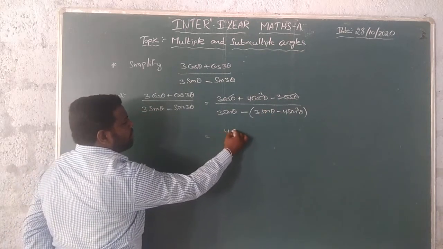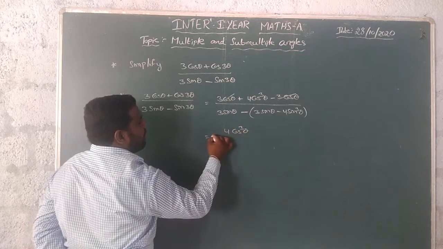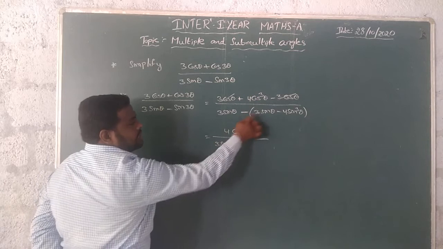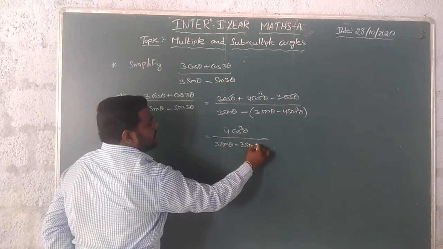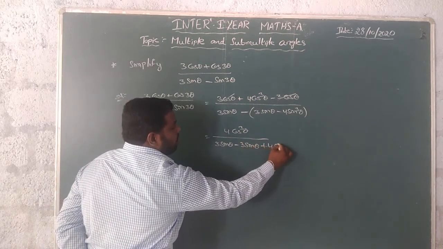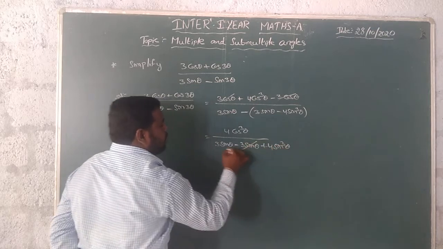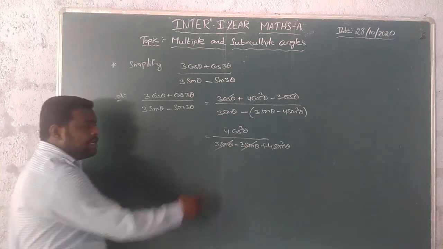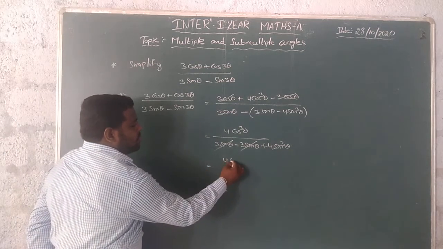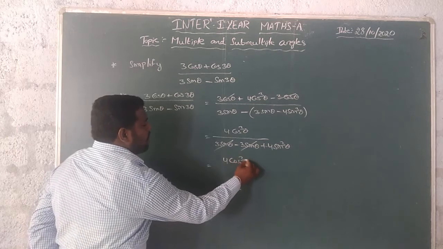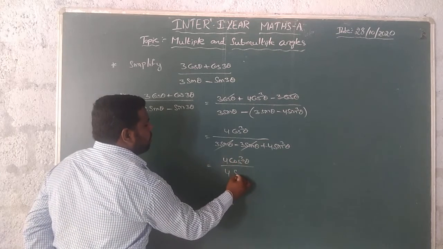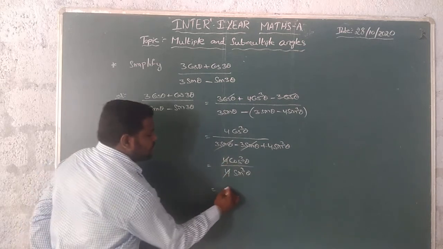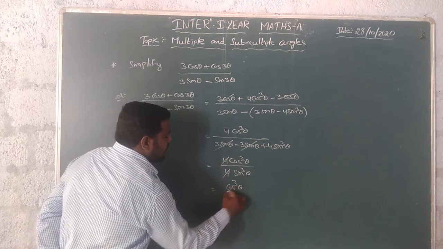The remaining term in the numerator is 4 cos cube theta, by 3 sin theta minus 3 sin theta plus 4 sin cube theta. In the denominator plus 3 sin theta minus 3 sin theta get cancelled. So the remaining terms are 4 cos cube theta by 4 sin cube theta. So 4 gets cancelled: cos cube theta by sin cube theta.